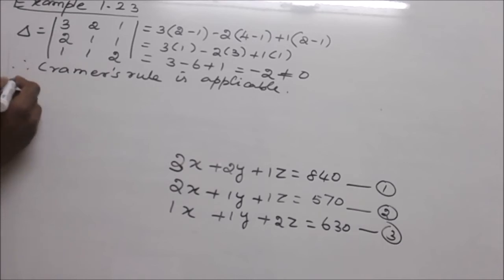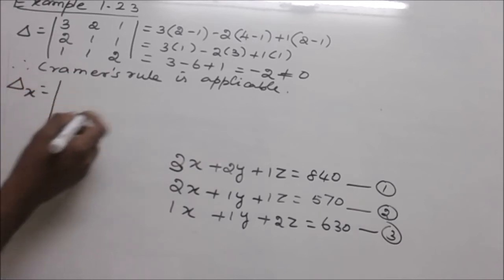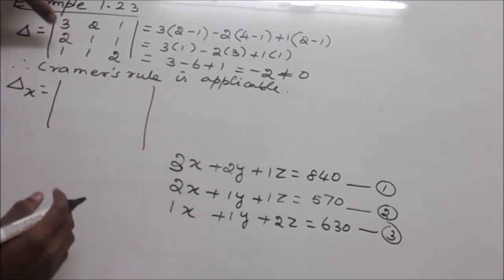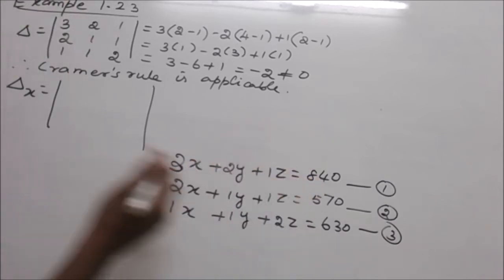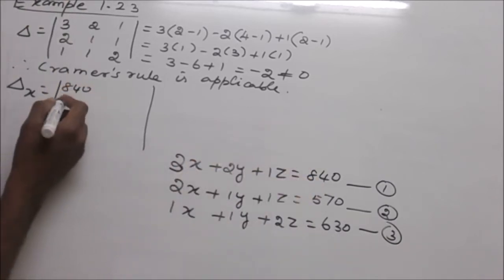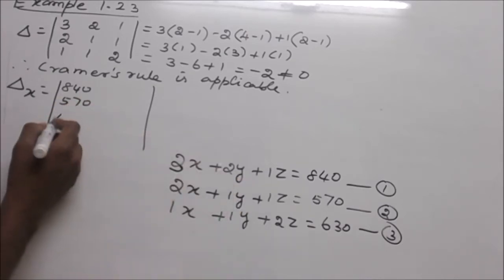Then delta x: replace the coefficients of x by the constant values 840, 570 and 630.